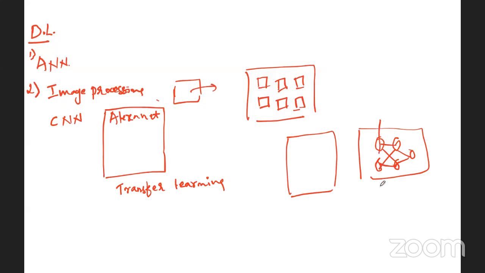So I'll remove the initial layers and the outer layers. I'll use the hidden layers to solve my problems. So using an already existing network model for a different problem is called transfer learning. Okay. So if you want to explore, please go ahead.